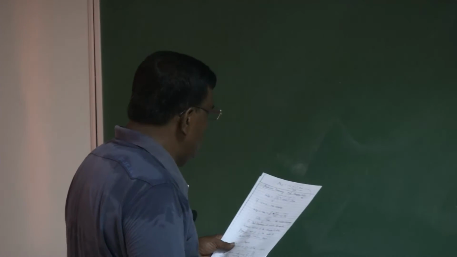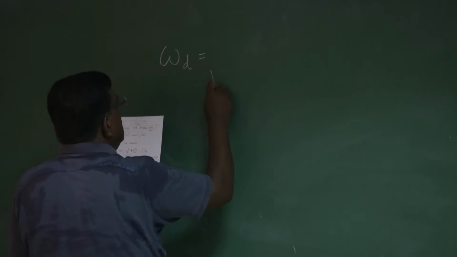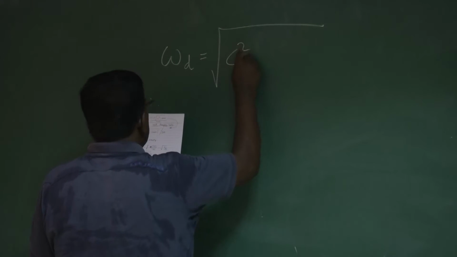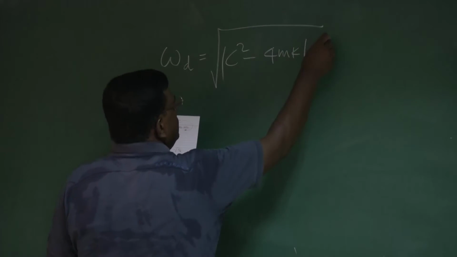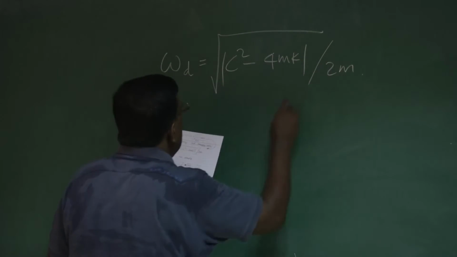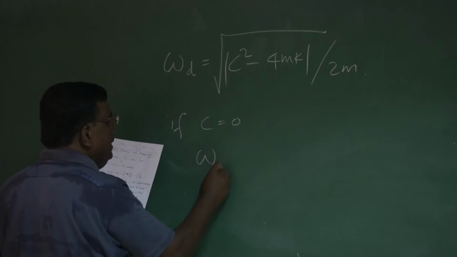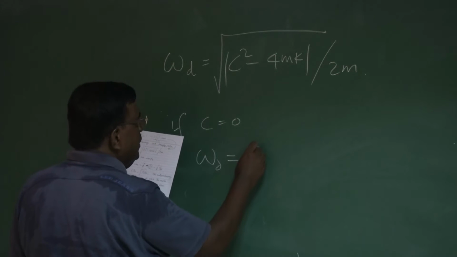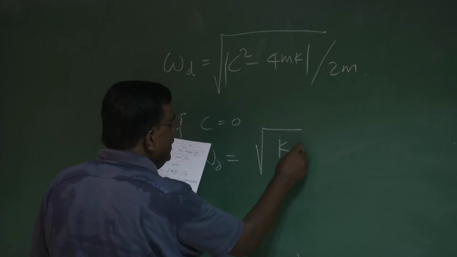Right. Remember, we defined omega d, the damped frequency, as under root c squared minus 4mk by 2m, and if c equal to 0, omega d is nothing but under root k by m.